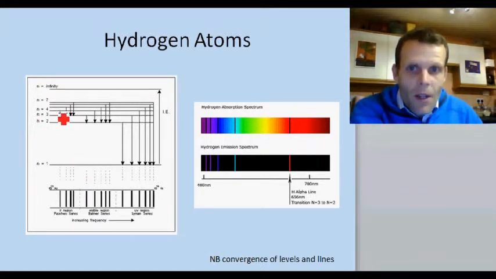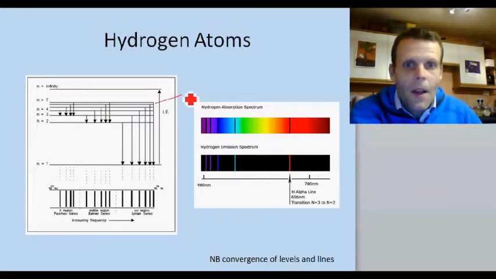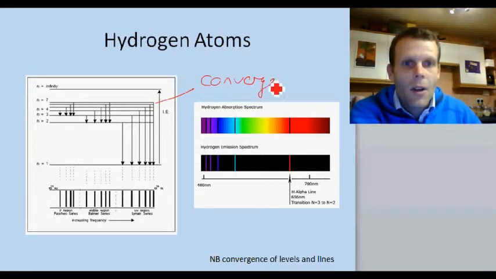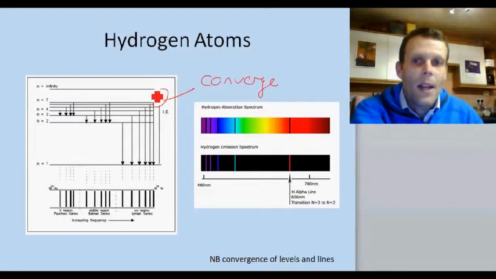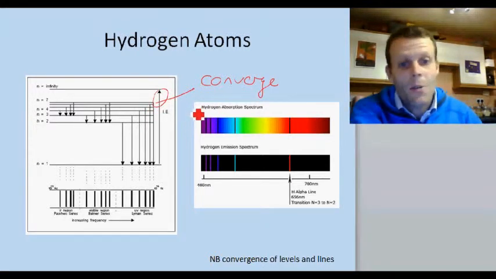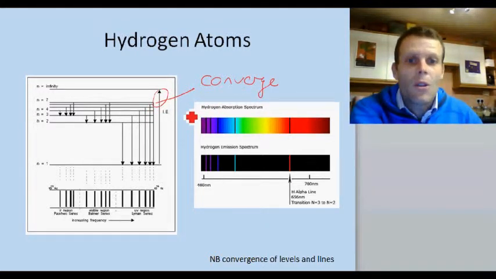Notice as well that these lines are getting closer and closer. Eventually, these lines begin to converge. They get so close together that there's no difference between them. And where they finally meet, where there's no difference between the energy levels, we can say the electron's been ionized.